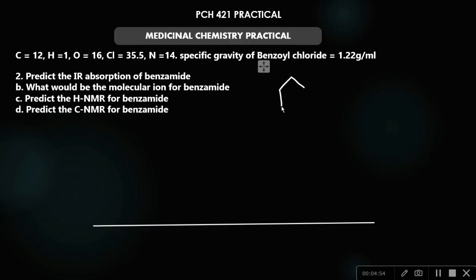This here is the structure of benzamide. All right. Now you have a proton here. You have protons here. You have protons here. You have protons here. You have protons here.